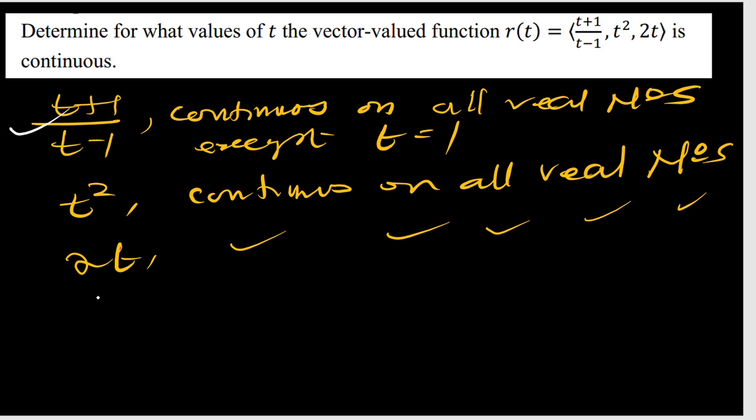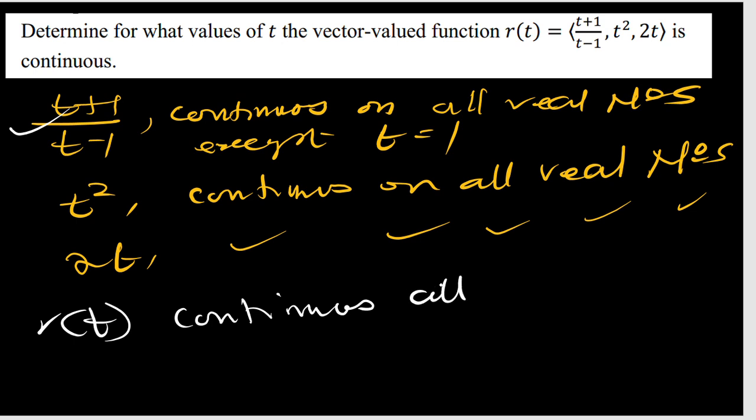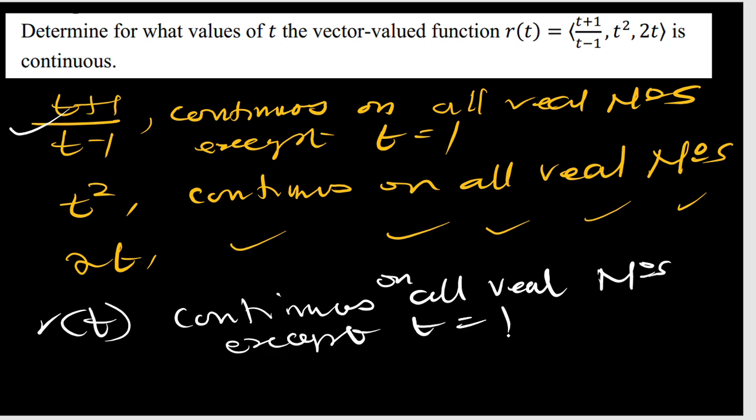So our r of t will be continuous on all real numbers except t is equal to 1, which can be written as from negative infinity to 1, union 1 to positive infinity.